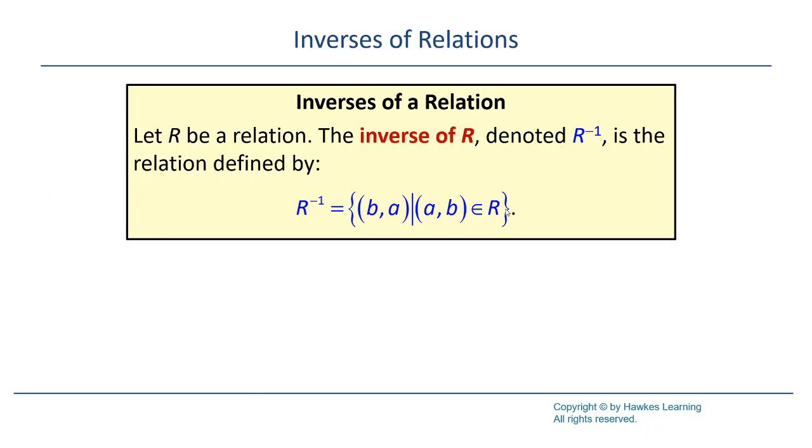So, this looks intimidating at first, but this is just a little bit of set notation. The inverse of a relation is, you read this as the set of ordered pairs (b, a) such that (a, b) was in the original relation. This little funky looking symbol means contained in.